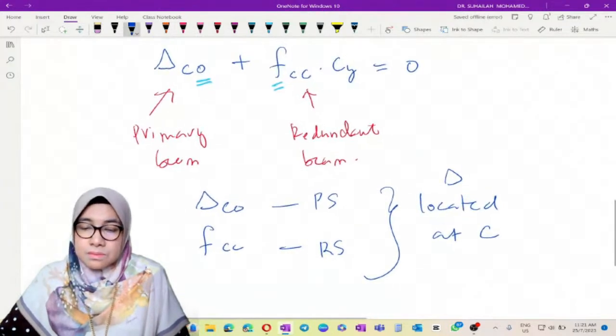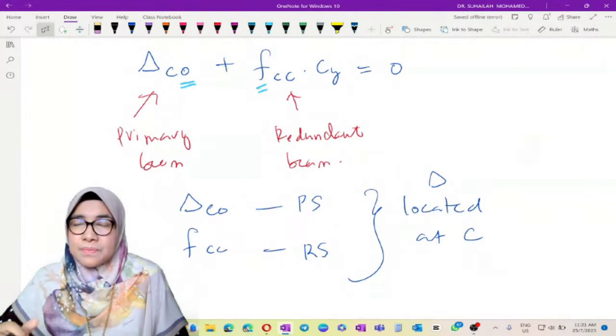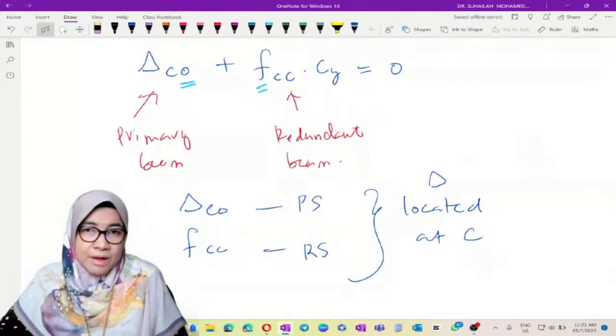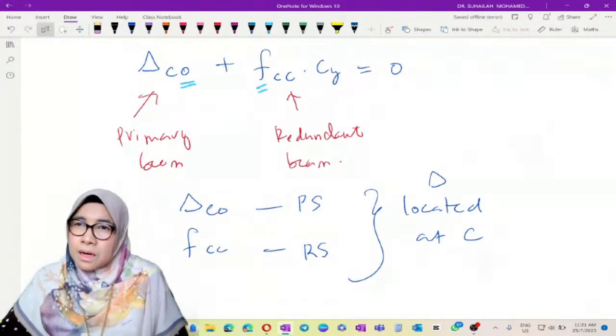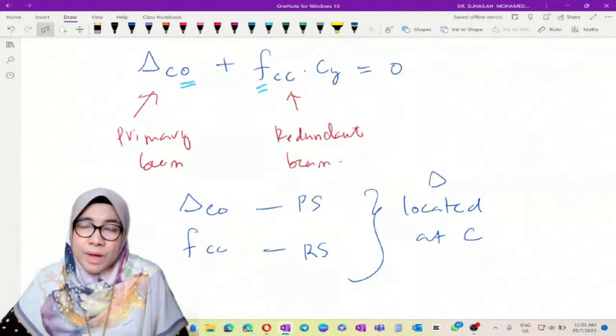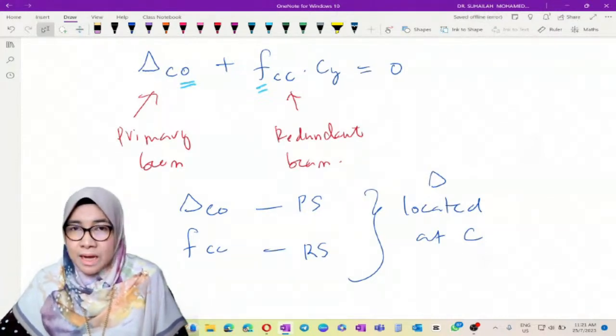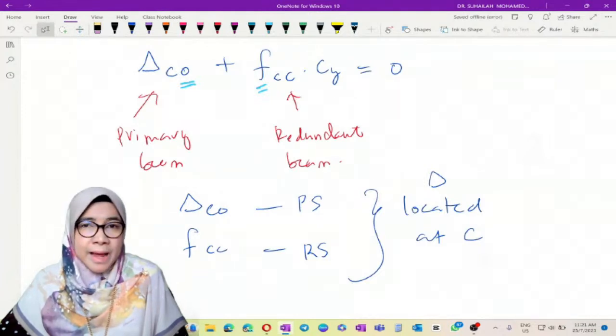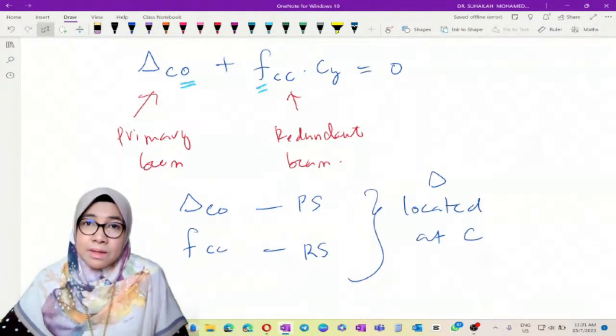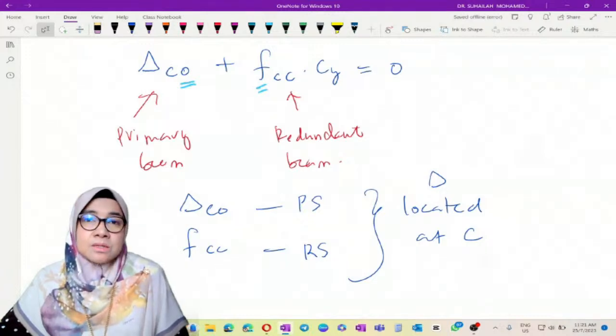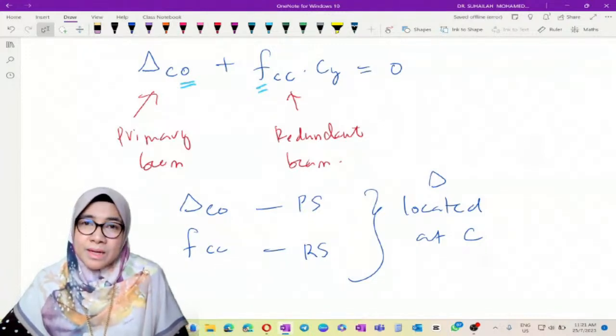This is very important because we have to understand that we use the flexibility method whenever the three equilibrium equations are not enough to solve for the unknown reactions. There are more than three, there are four, there are five. In this case, there is one redundant, so we have to solve this redundant value first.